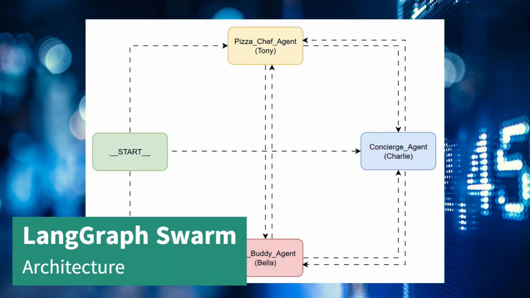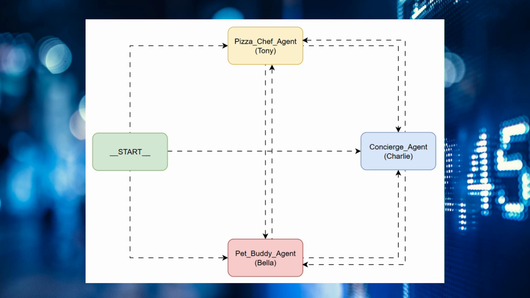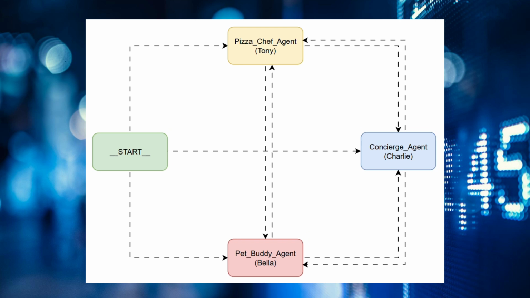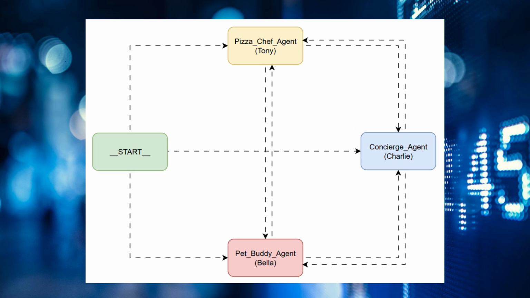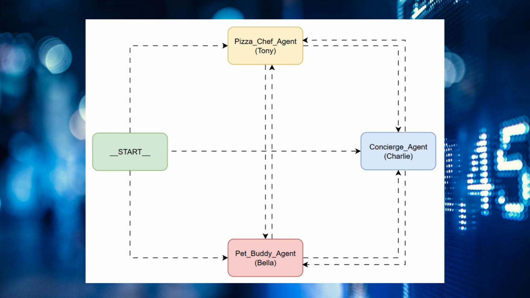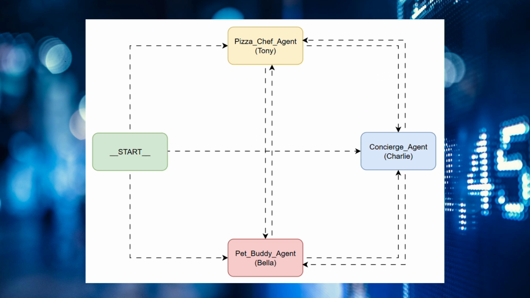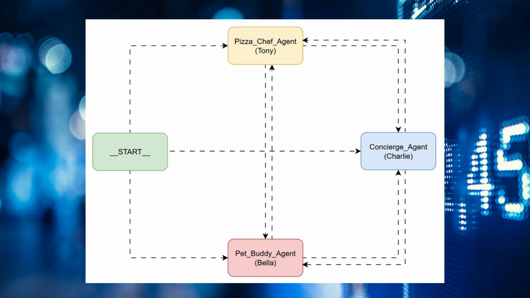In this system, we are using the LangGraph Swarm framework, which allows multiple specialized AI agents to collaborate just like a real-world team would. You can think of it as a small company of chatbots, each with a clear role, personality, and area of expertise. If you look at the diagram, you will notice three main agents connected in a loop. Tony, the pizza chef agent, handles all the pizza-related tasks like showing the menu and taking orders.